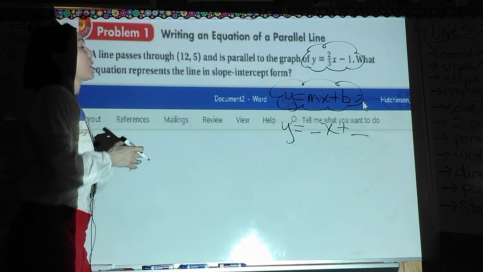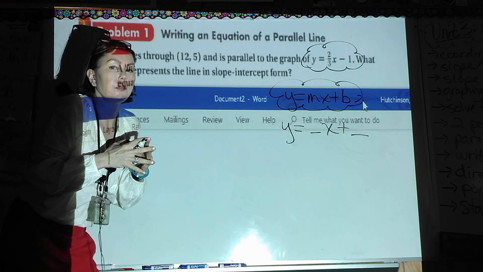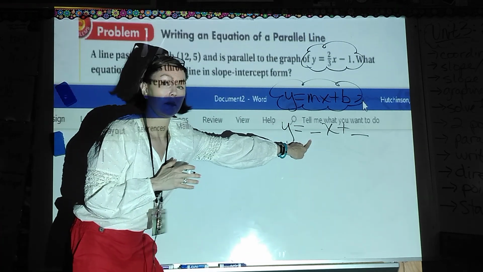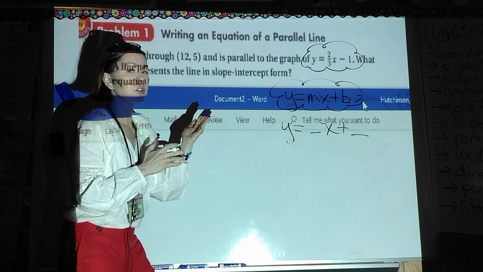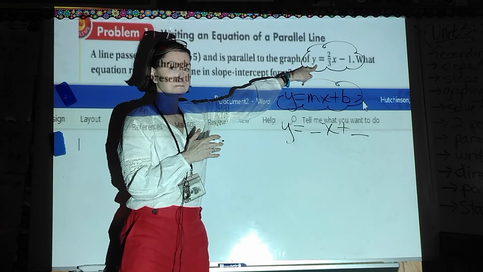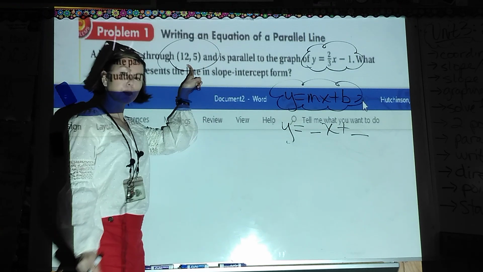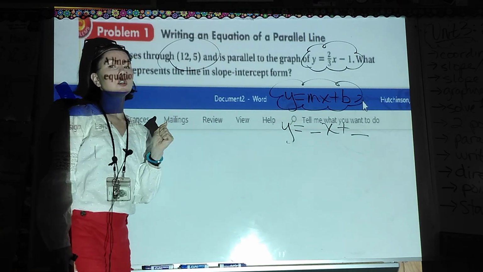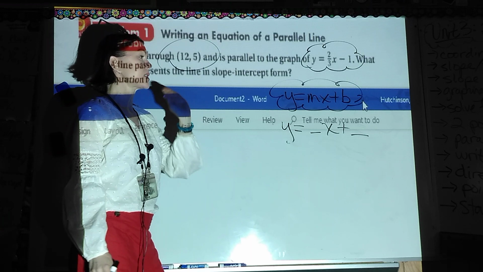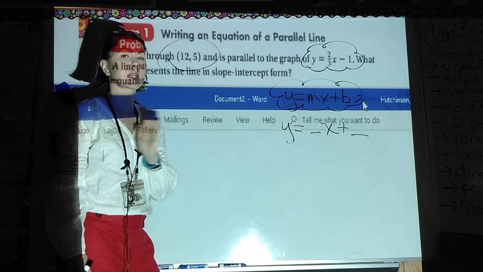So, we have to write the equation of a line that is parallel to this line but passes through this point. What did I tell you when we were doing the slope formula? y sub 2 minus y sub 1 over x sub 2 minus x sub 1.